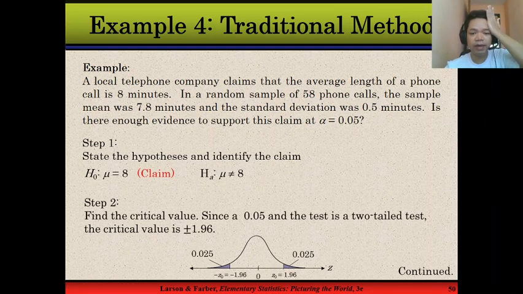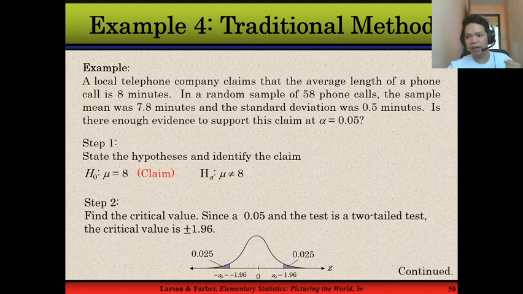Step 2, find the critical value. Since ang alpha level natin is 0.05 at two-tail test ito, i-recall niyo ating confidence level. Diba two-tail test ang ginagamit natin doon? Kasi meron tayong left side, meron tayong right side boundary. So, i-recall niyo 90%.